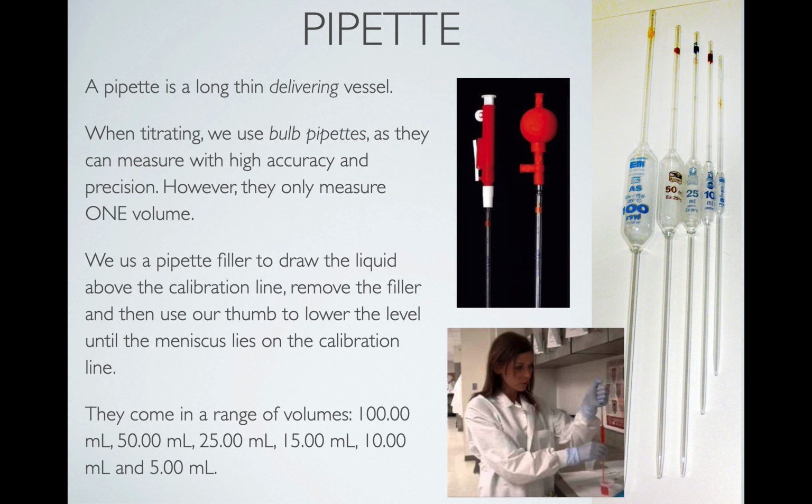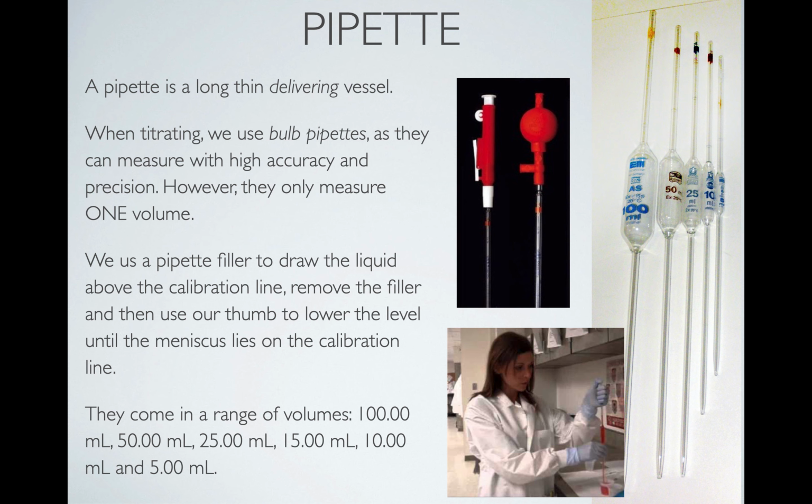So we've got these things called pipette fillers, and there's 2 there in the red with the black background. There's that bulb one and another one, I forget what it's called, but we use them in the lab, and they're called bulb fillers or pipette fillers, and they suck the liquid up.